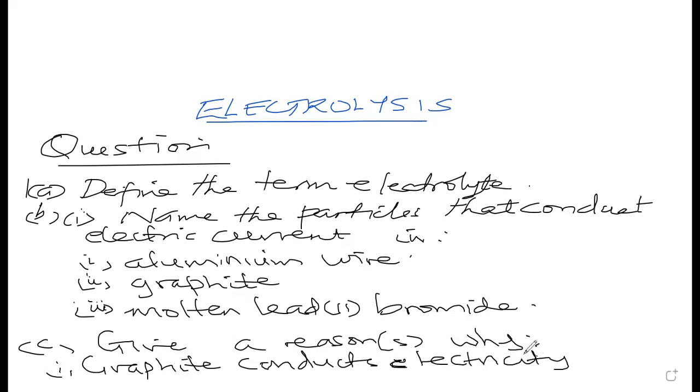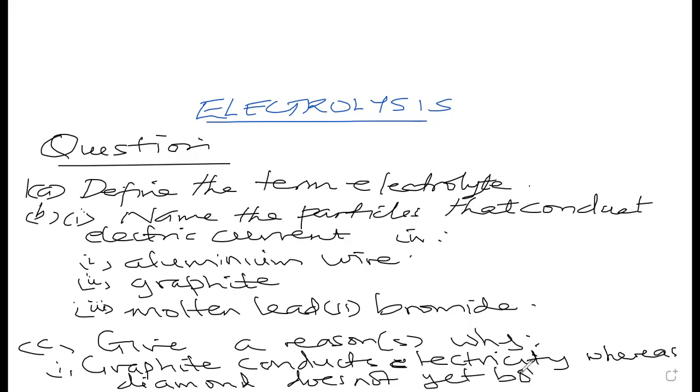Graphite conducts electricity, whereas diamond does not, yet both are allotropes of carbon.